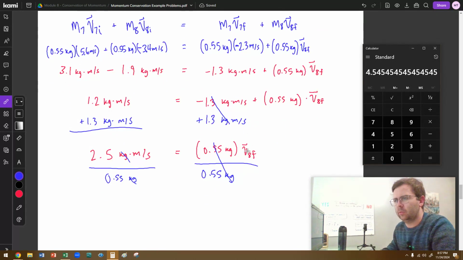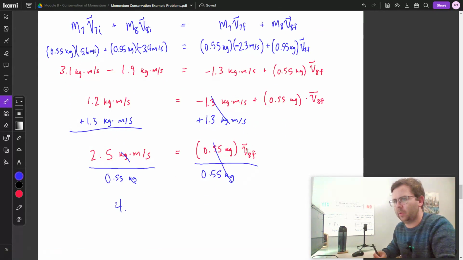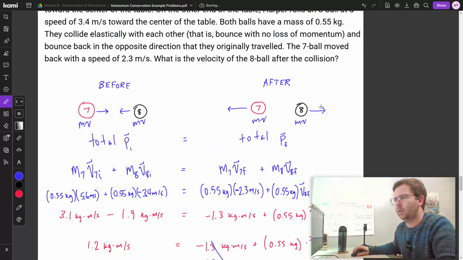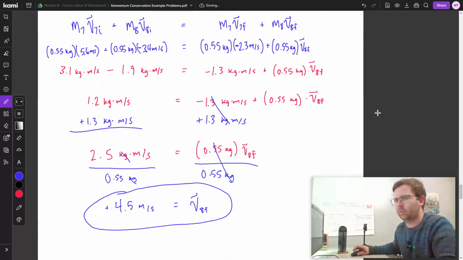So the velocity of the 8 ball at the end is 4.5 meters per second. It is a positive answer, so it's to the right. And we should check and make sure that that makes sense, that this is a positive velocity for the 8 ball. If we look back at our picture, yes, the 8 ball is moving to the right, which is the positive direction. So that would make sense for this particular problem.